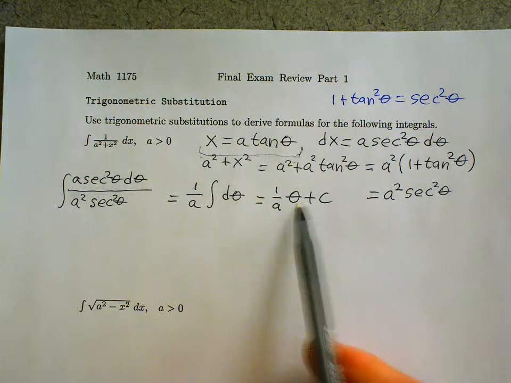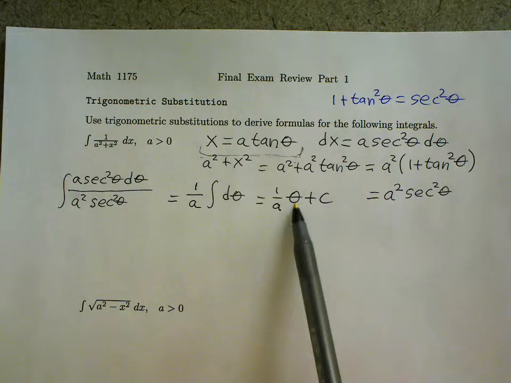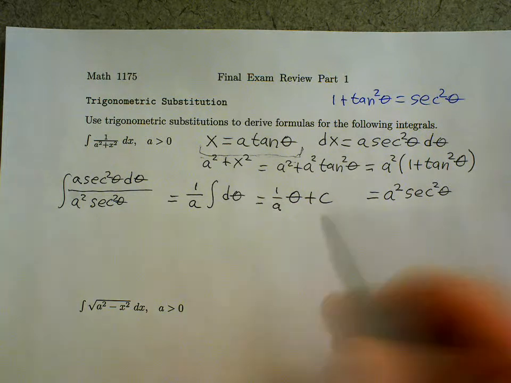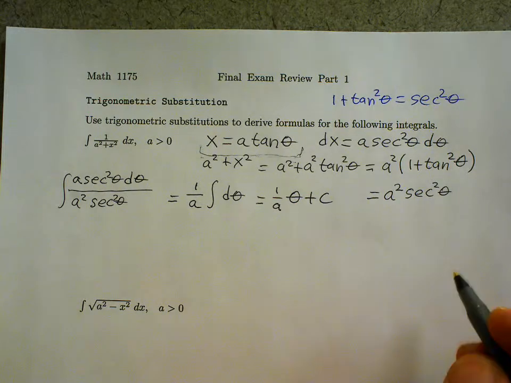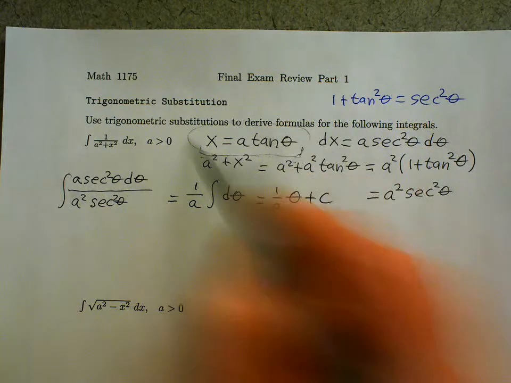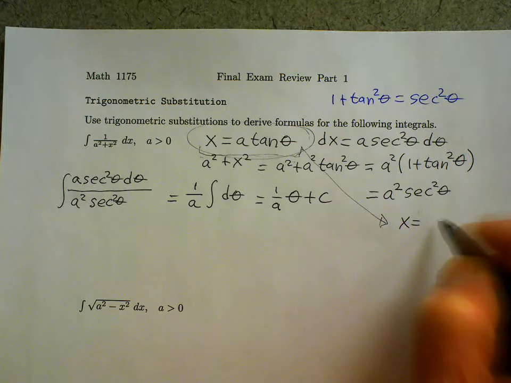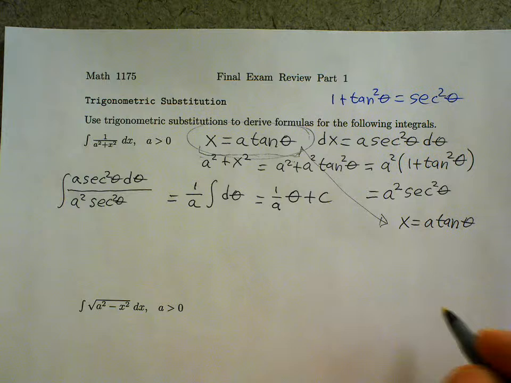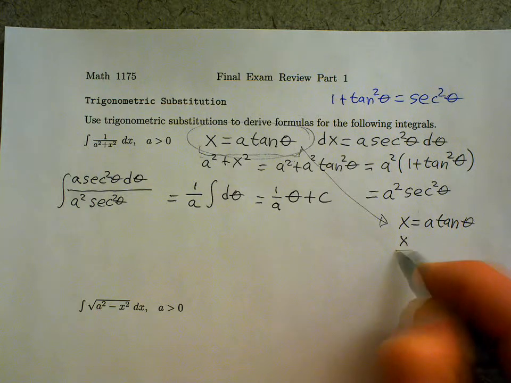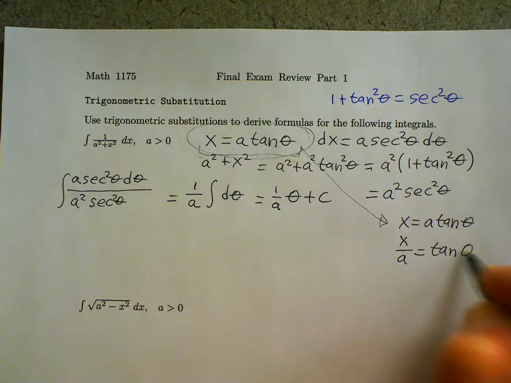And then we're going to use our trigonometric substitution to replace theta with an expression in terms of x. So now we focus on the assignment x equals a times tangent of theta. So x over a equals tangent of theta.